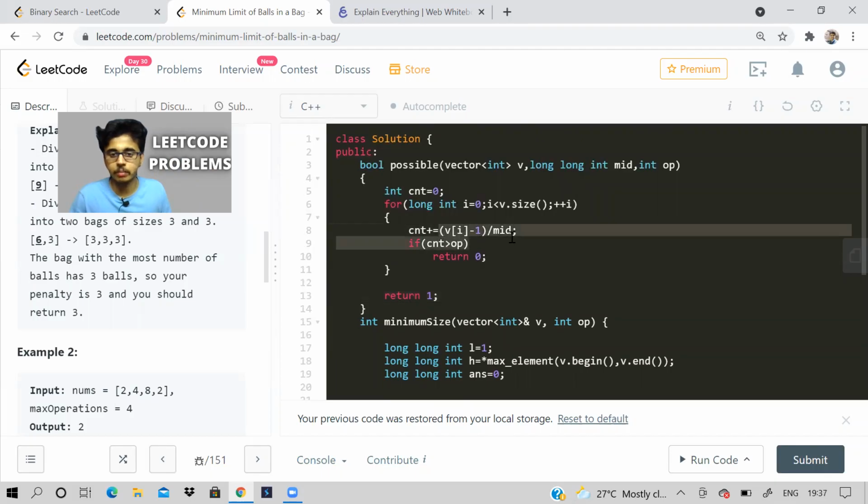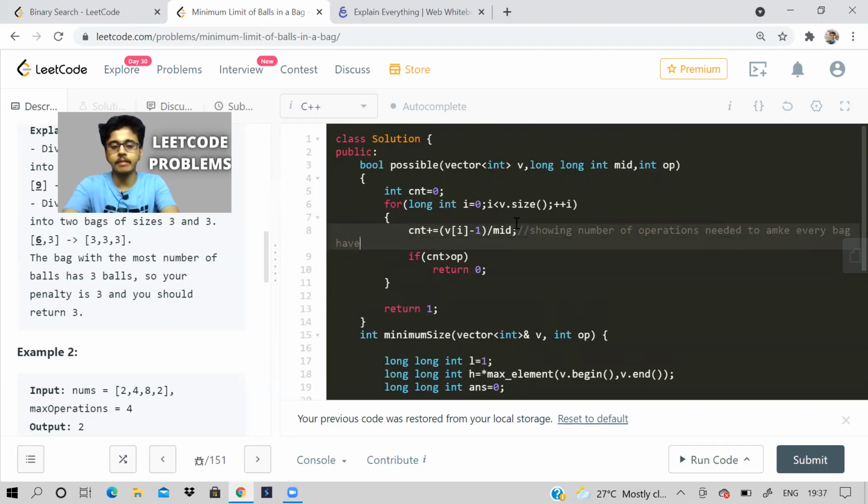So this is also very important step. And basically this is what it is showing. I'll write it here. It is showing number of operations needed to make every bag have at most mid number of balls.